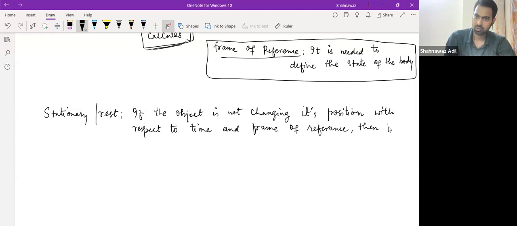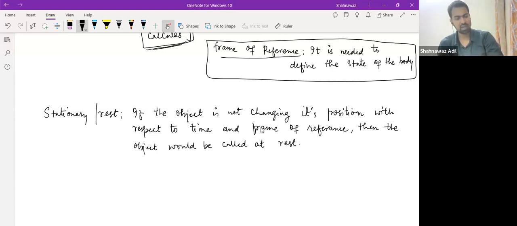Then the object would be called at rest.